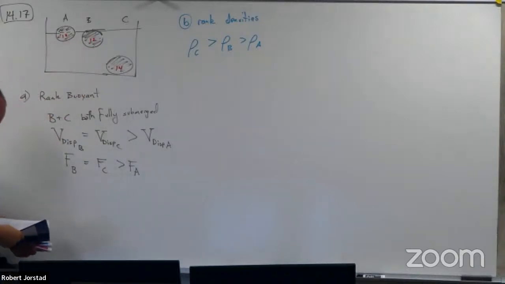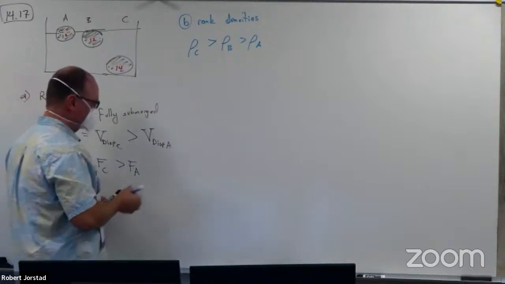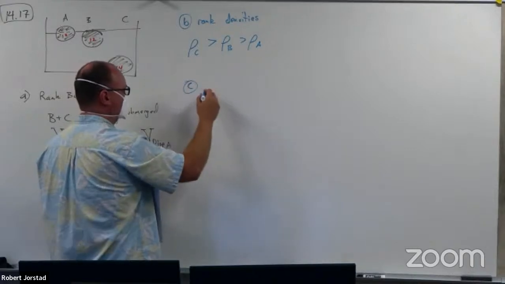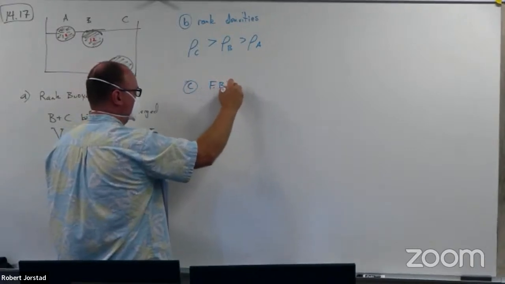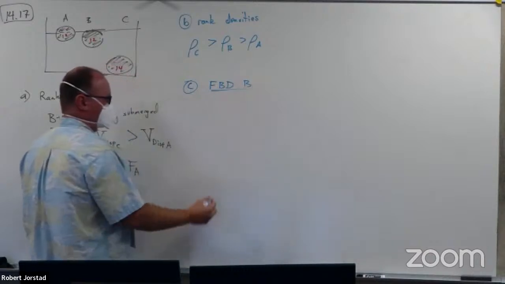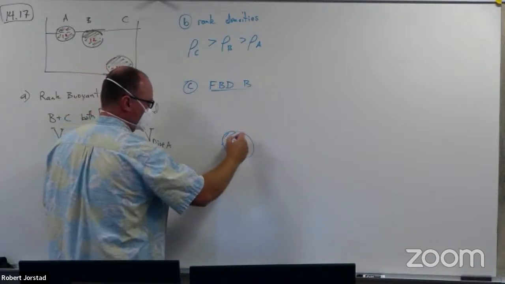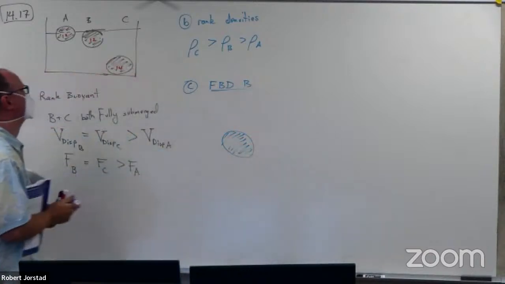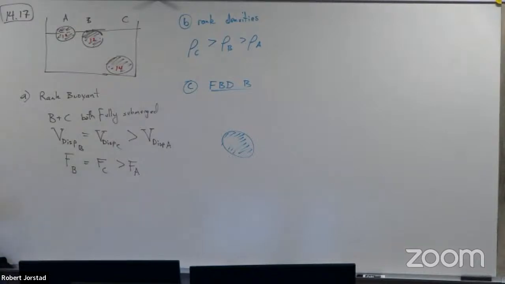All right, what's part C? Let's do a free body diagram for ball B. Okay, so let's actually work this out. For ball B, how many forces are acting on ball B? How many forces act on ball B in that aquarium? Just two.